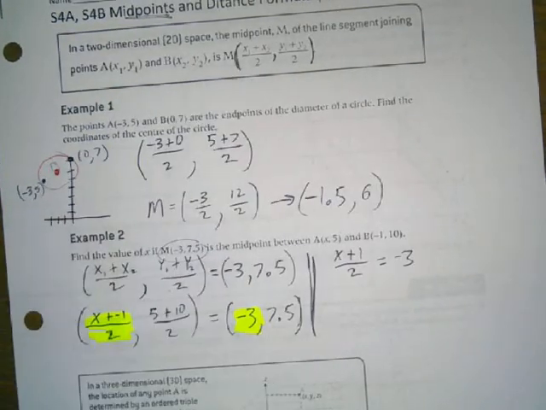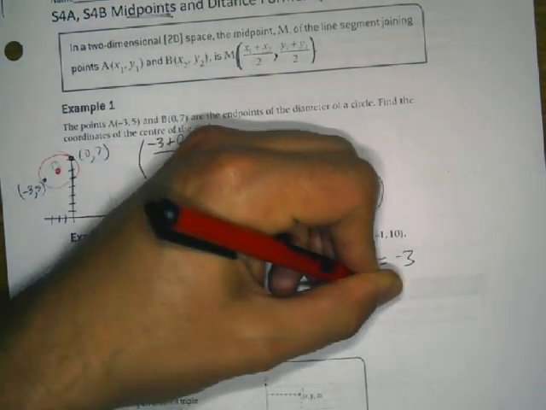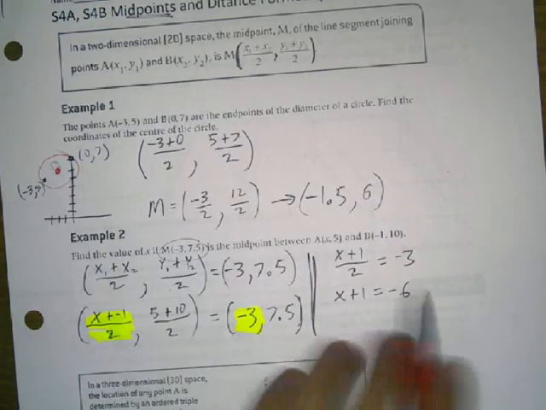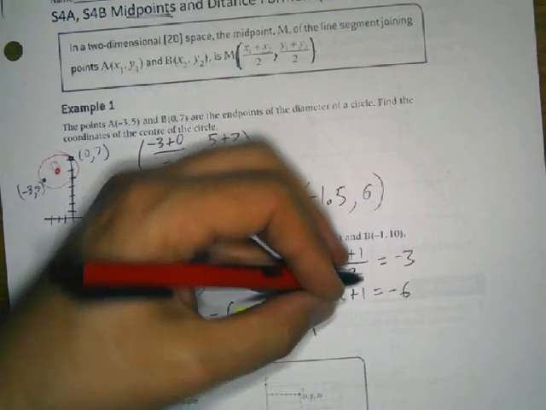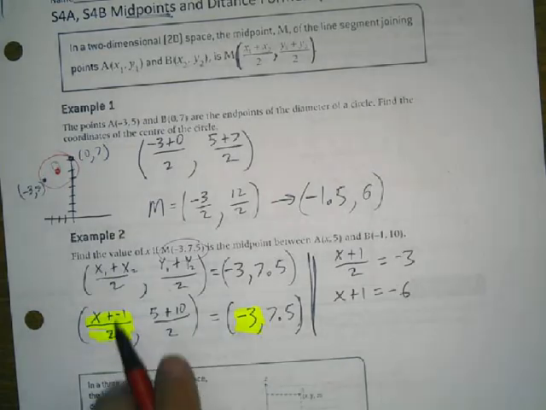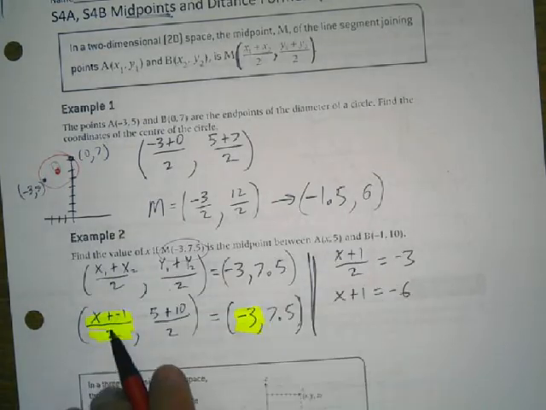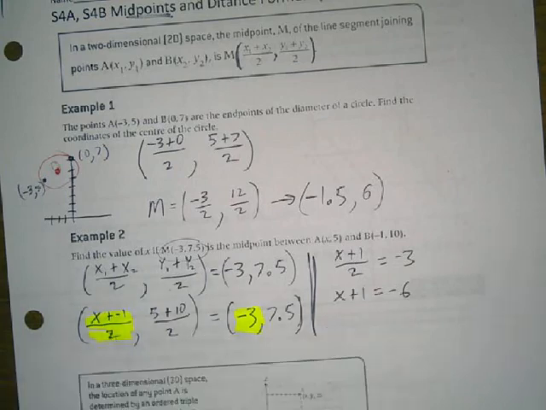Okay, first thing I would do is I would multiply both sides by 2, and then I get x plus 1 equals -6. Subtract 1 on both sides, and no, what did I do wrong? Oh, oops, I knew something was wrong.